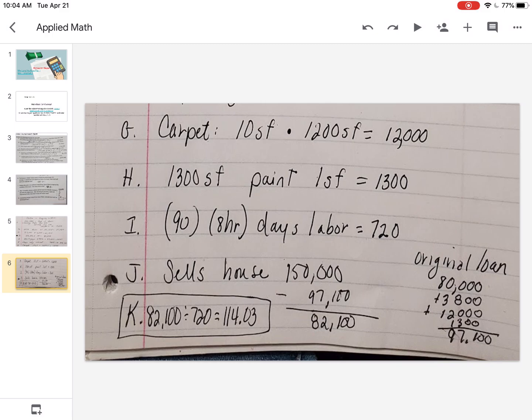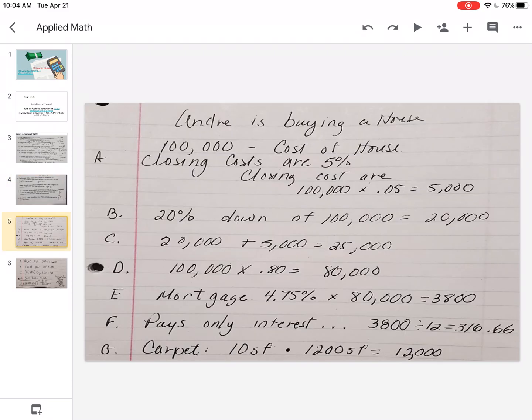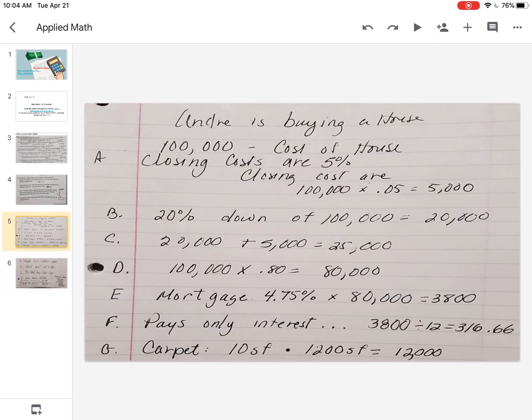And then if he worked 8-hour days, what is that original problem? Andre also puts in an additional 90 eight-hour days. Yeah, so 8 hours for 90 days is 720 hours. Let's say he sells the house for 150,000. His original loan, 100,000 times 0.8, was 80,000.